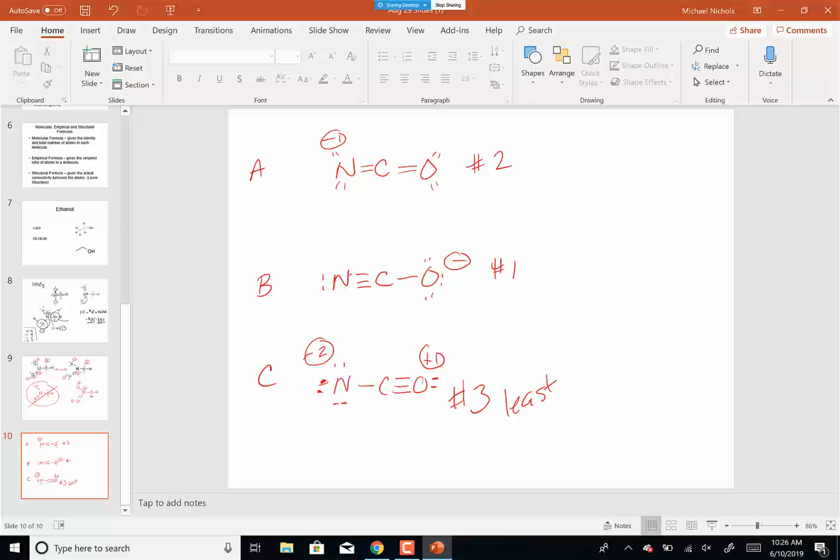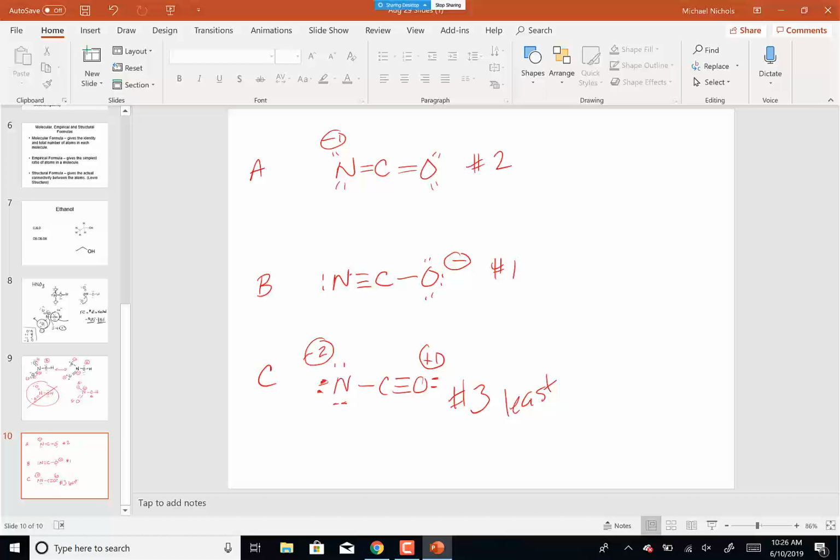And so your question about the bonds, they don't come into effect. That's what's kind of weird. You would expect, well, maybe A is more stable because it's more symmetrical with the 2 double bonds. No. That oxygen wants more electronegativity than nitrogen.